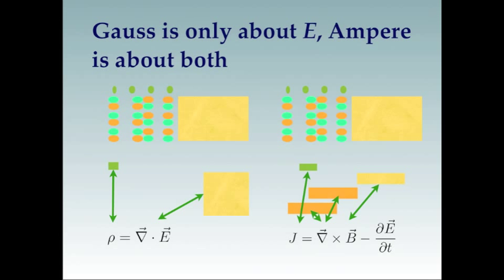So we can compare the derivations of Gauss's and Ampere's law. We can see that Gauss only involves the E field, and Ampere involves both. What's really fun about this visualization is that you can see things you might miss in the pure algebra approach. For example, there's an overlap between Gauss's law and Ampere's law involving the mixed terms in the electric field squared.